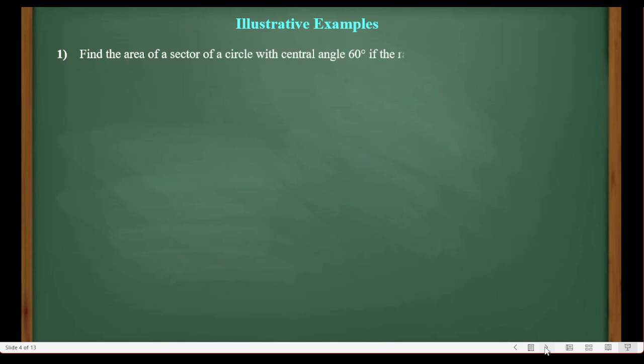Find the area of the sector of a circle with central angle whose measure is 60 degrees if the radius of the circle is 3 meters. So for our solution, let us write the given information. The length of the radius is 3 meters while the measure of the central angle denoted by theta is 60 degrees.